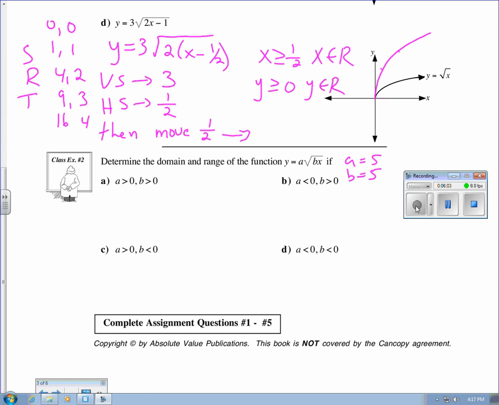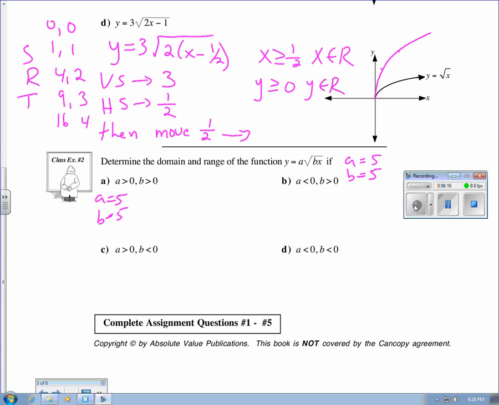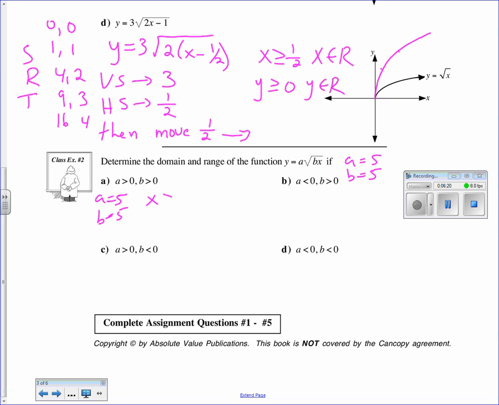So when a is greater than 0, I'm envisioning what a equals 5 looks like and what b equals 5 looks like. How is that going to affect my domain and range? Nothing significant happens there. x must still be greater than or equal to 0. y will be greater than or equal to 0, with both of them being an element of the reals.